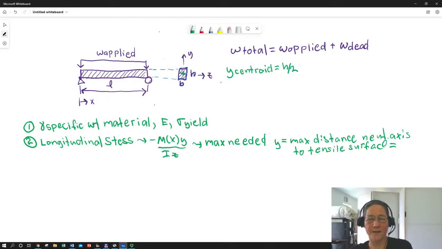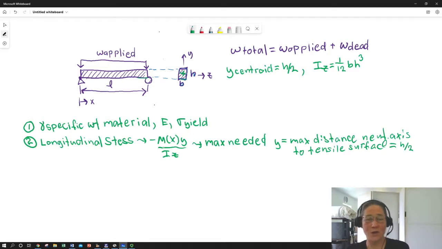The maximum distance to the tensile axis, which is down here at the bottom of the beam, is just going to be h over 2. And the moment of inertia about the z-axis for a rectangle is 1/12 times b times h cubed, so we can use that here for Iz.